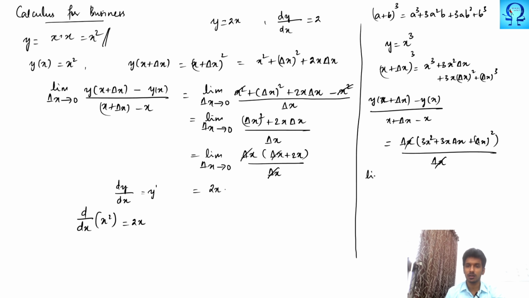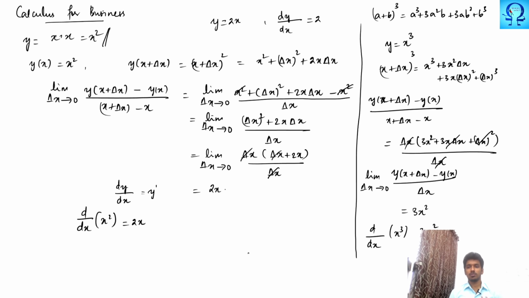So when we take the limit as delta x goes to 0 of y of x plus delta x minus y of x upon delta x, this quantity is 0 and this quantity is 0, and we'll be left with 3x square. Therefore, the derivative of x cube is 3x square.